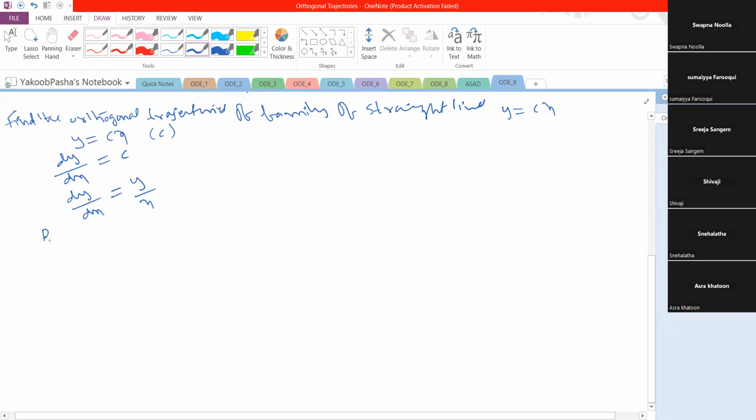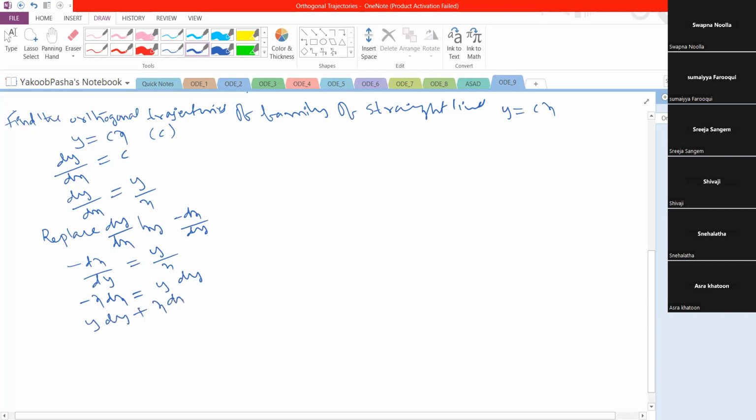Now replace dy by dx with minus dx by dy. So we get minus dx by dy is equal to y by x. By separation of variables, we get minus x dx is equal to y dy, so we can write it as y dy plus x dx is equal to 0.